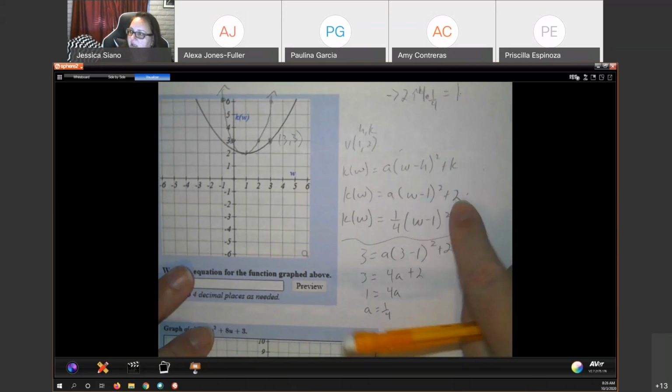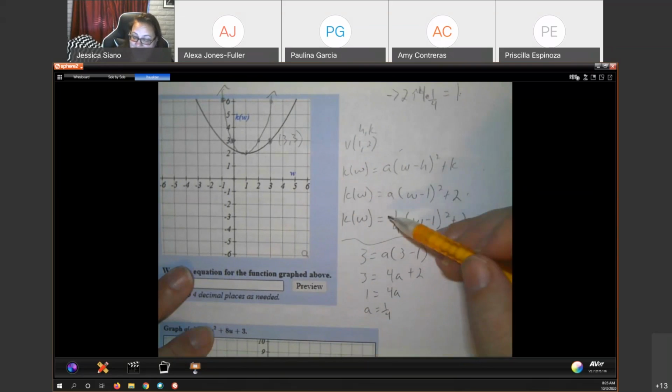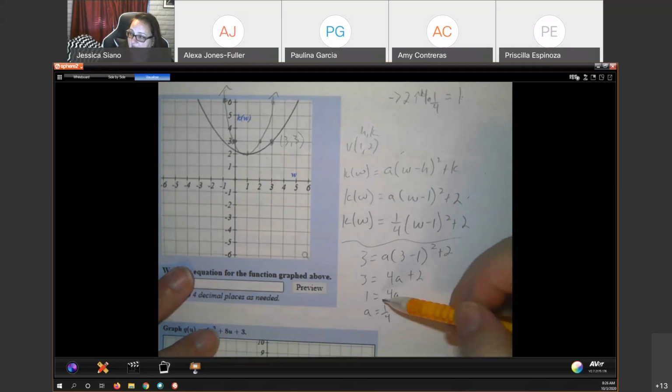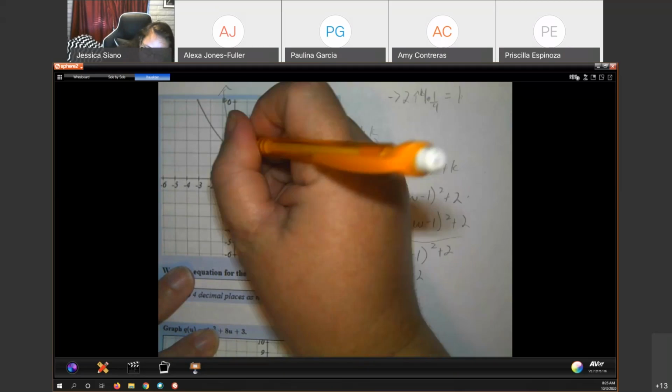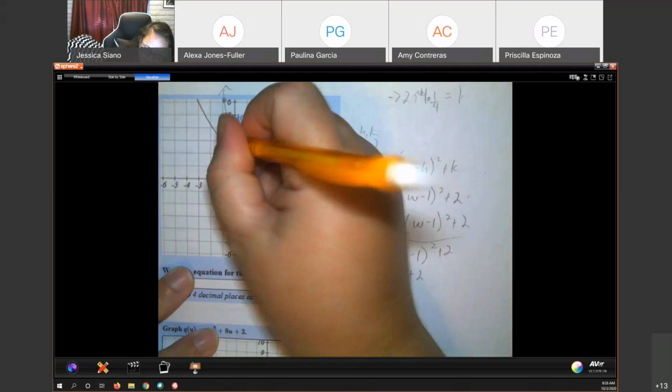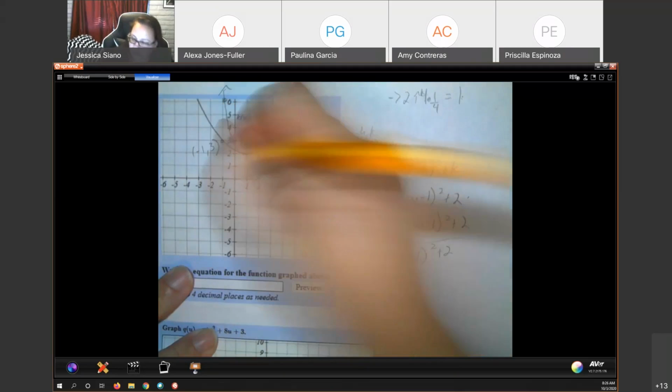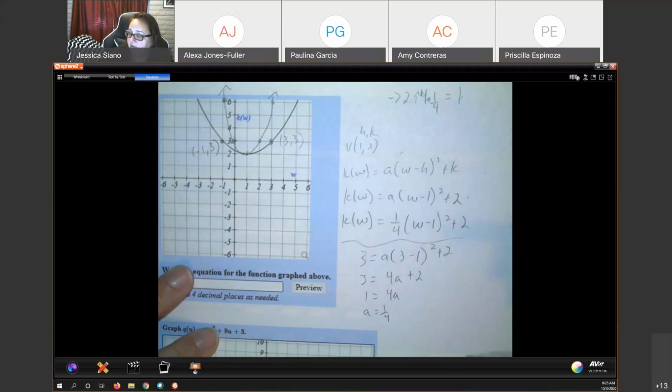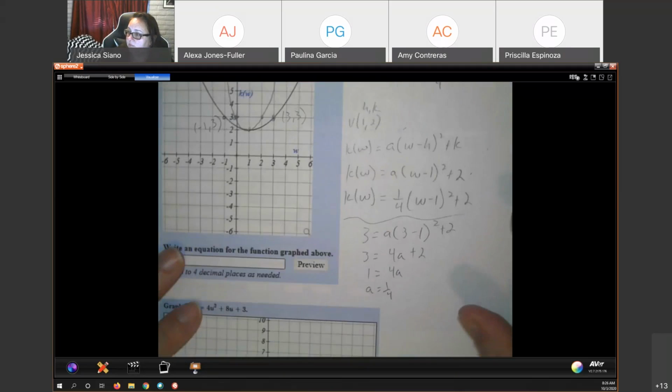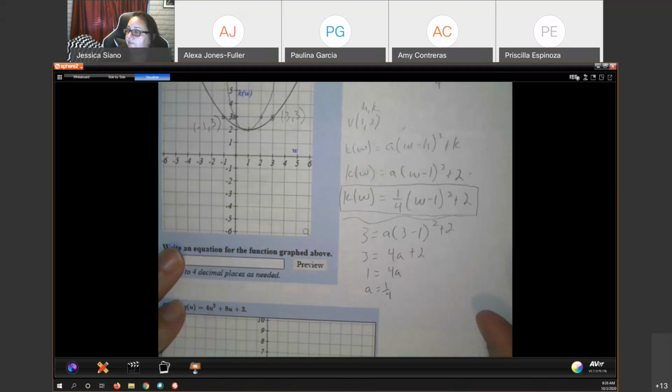Any point besides the vertex, plug it in and solve for A. So I could have also used this point right here, -1, 3, and I would have gotten the same A as 1/4. Okay? So this is my final answer.